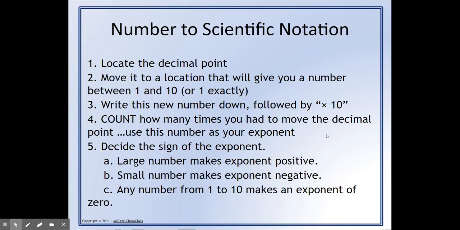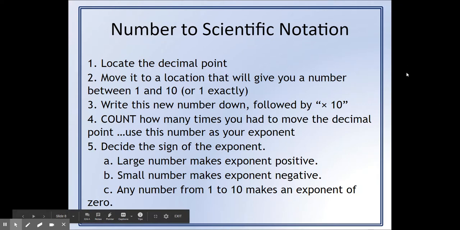Use this number as your exponent. Decide the sign of the exponent. A large number means the exponent is going to be positive. A small number means the exponent will be negative. Any number from 1 to 10 makes an exponent of 0. So, for example, 7 equals 7 times 10 to the 0.